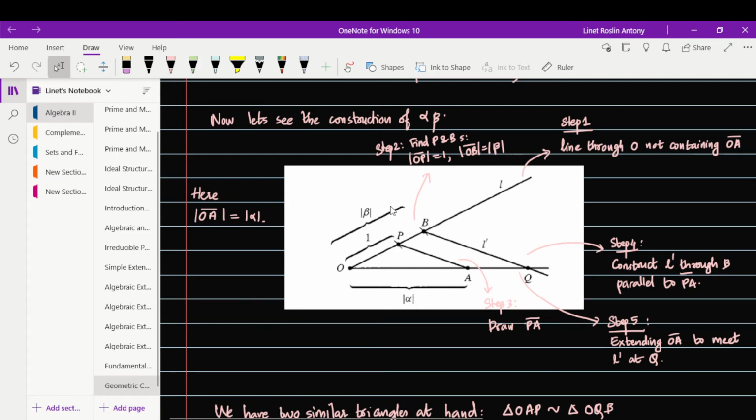Step 3, we have to draw PA bar. You just join P and A; A is already there on the line segment OA bar.